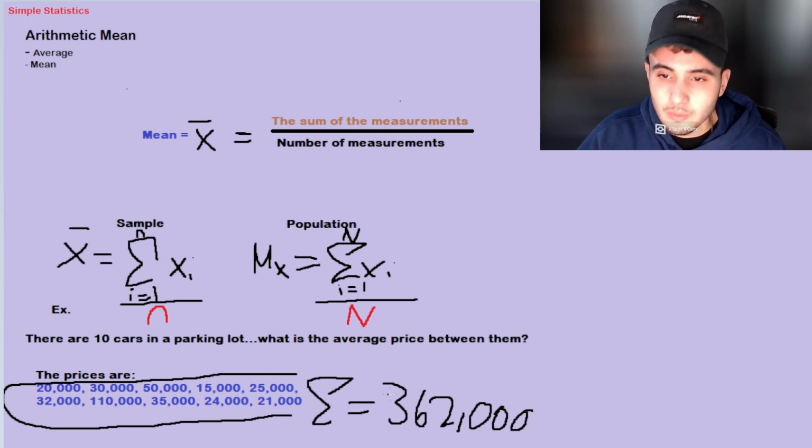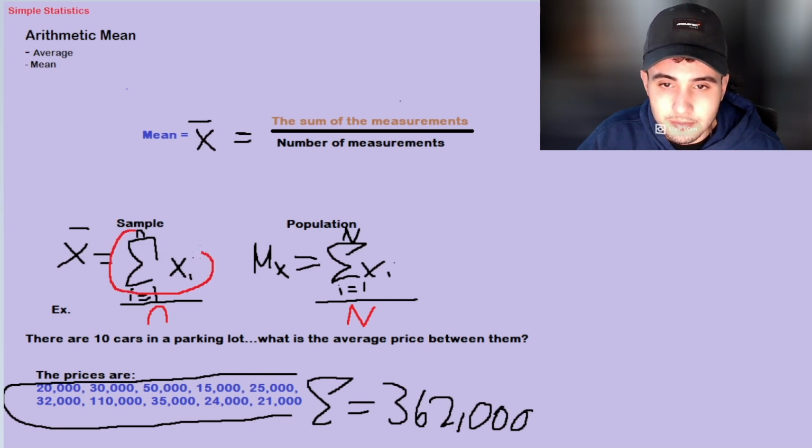And then this aspect of the formula can be turned simply into 362,000, because this part is simply just adding up all of the numbers.